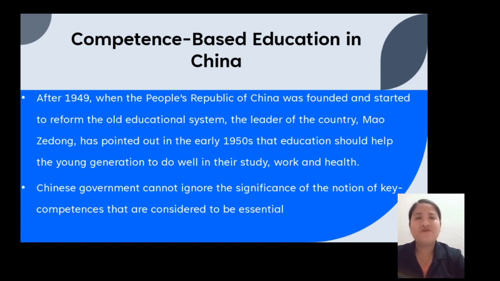After 1949, when the People's Republic of China was founded and started to reform the old educational system, the leader of the country, Mao Zedong, pointed out in the early 1950s that education should help the young generation to do well in their study, work, and health, which is considered as the three good.